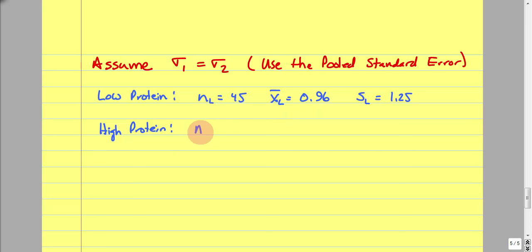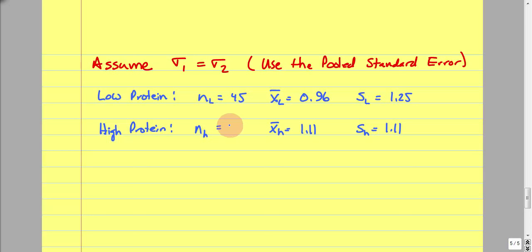Now for my high protein group, I'm going to call this n sub H for high protein. The average was 1.11 centimeters, and our standard deviation in this group was 1.11 as well. Okay, so the mean and the standard deviation were the same here.